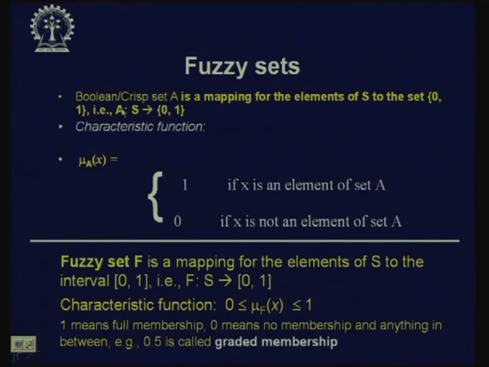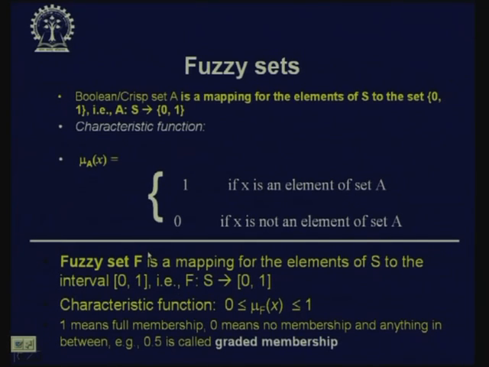That is, A maps elements of S to 0 and 1. So, the characteristic function for a crisp set is 1 if x is an element of the set A, and 0 if x is not an element of the set A.